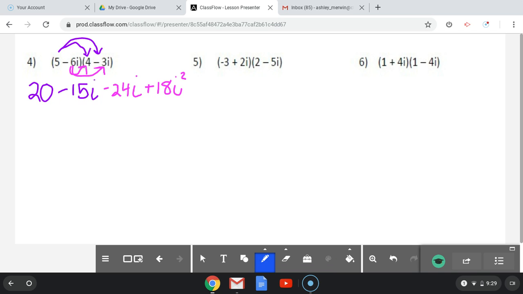All right, we're going to clean this up. 20 minus 39i plus 18i squared. That comes from combining like terms. Again, we want to get it down to a plus bi. So i squared is going to be replaced with negative 1.